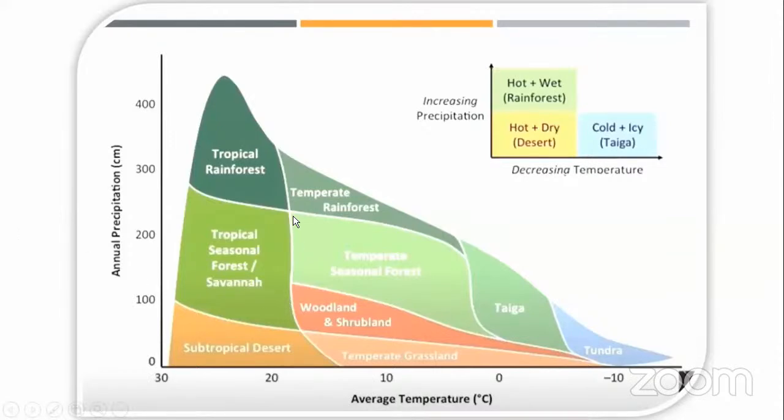So, for example, in tropical rainforest, annual precipitation will be very high, and the temperature will be quite high as well. And then tundra, you can see temperature is very less and precipitation is also less, so it's not feasible for organisms.